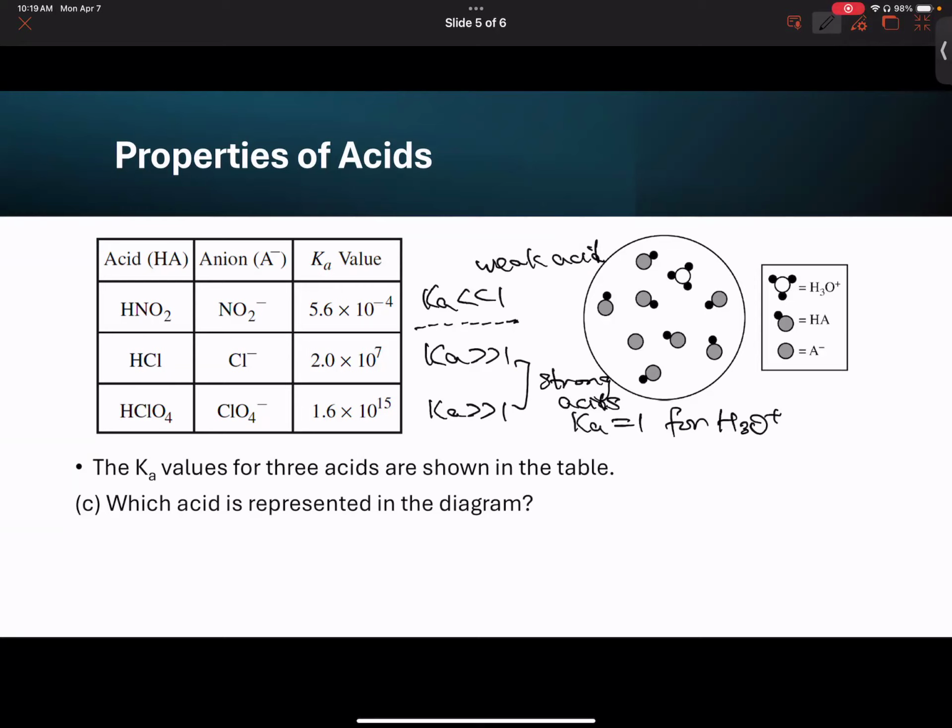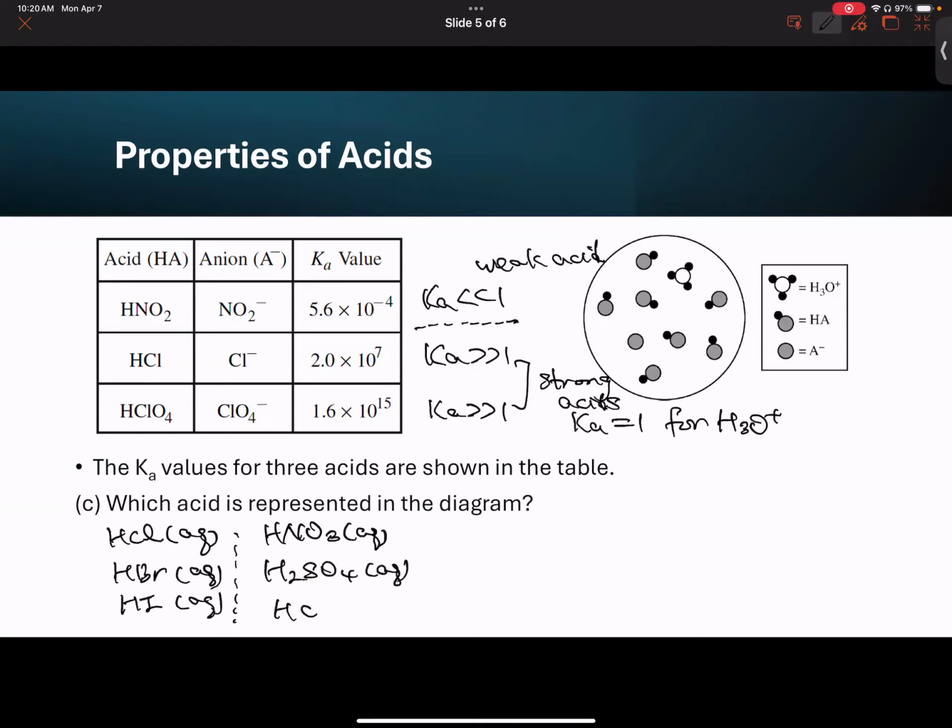Okay. And please remember 6 strong acids. What are they? They are hydrochloric acid, hydrobromic acid, hydroiodic acid. In these halogen acids, except hydrofluoric acid, they are strong acids. And 3 more, they are oxy acids like nitric acid and sulfuric acid. Finally, perchloric acid.